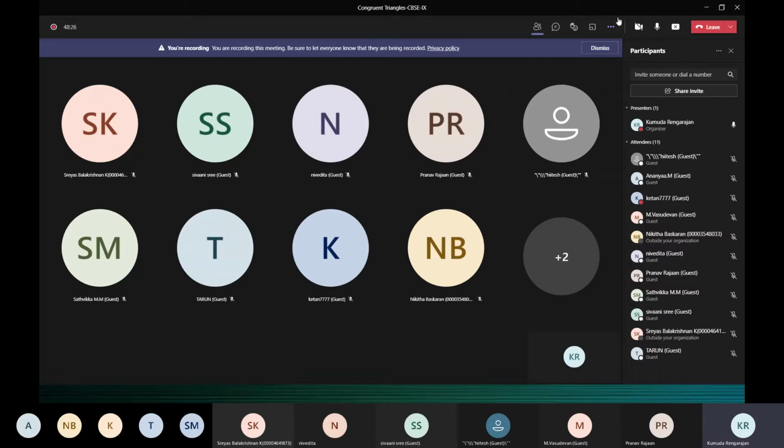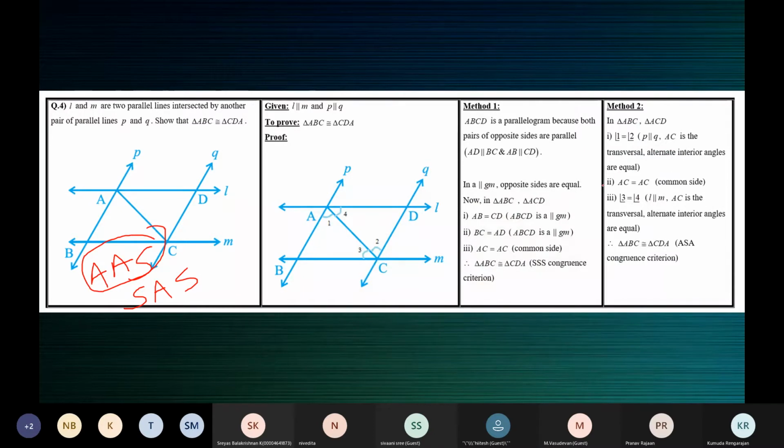Arav, Vasudevan, Nikita, Nivedita, Pranav, Satvika, Shivani, Tarun. So I have to request children. See, on demand she's shared, Satvika. Method 1. What is this?